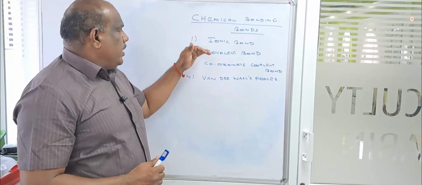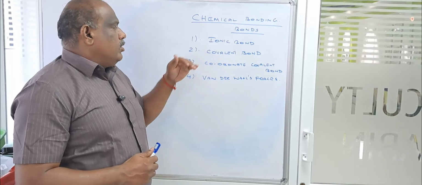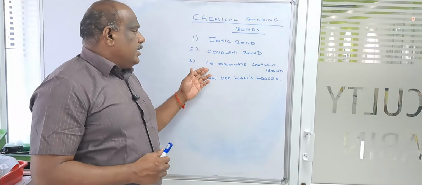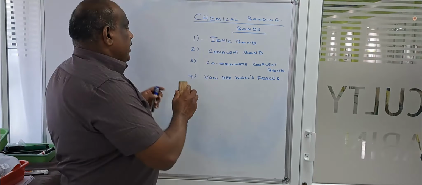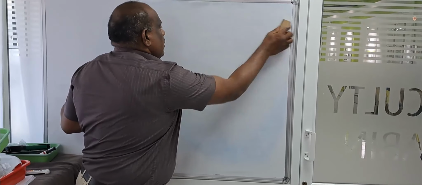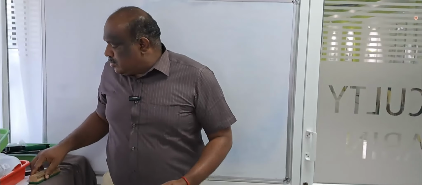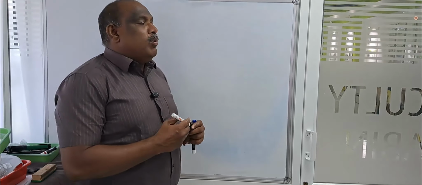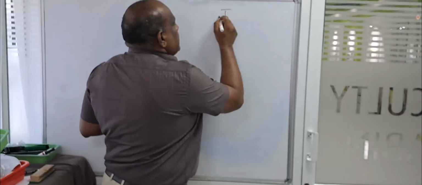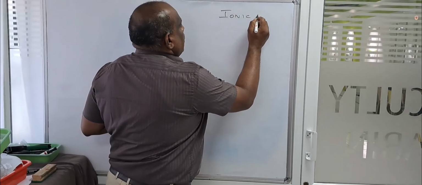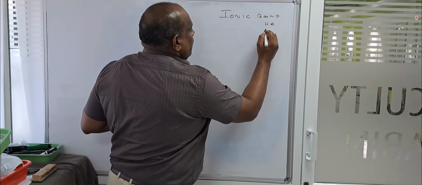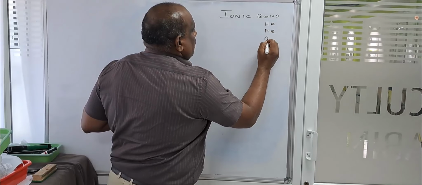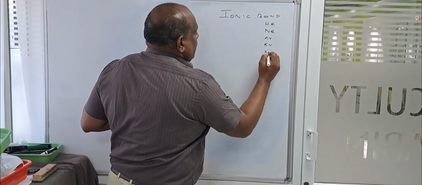Let us try today to cover the ionic bond and the covalent bond to the maximum, and if time permits we will move on to the coordinate covalent bond. So let us take what is meant by ionic bond. The first question that will rise in your mind is why they have to undergo bonding. Because they want to attain the stable octet arrangement, like helium, neon, argon, krypton, xenon and radon.